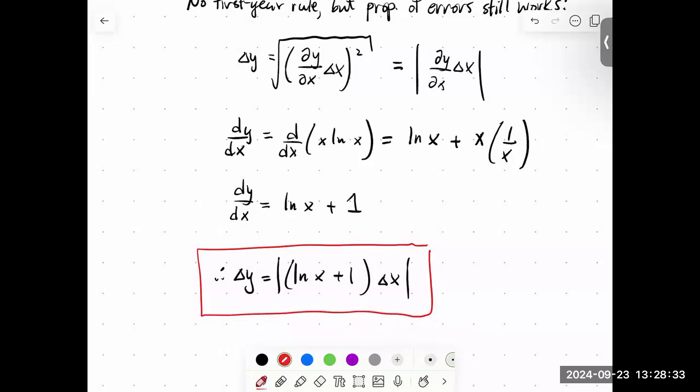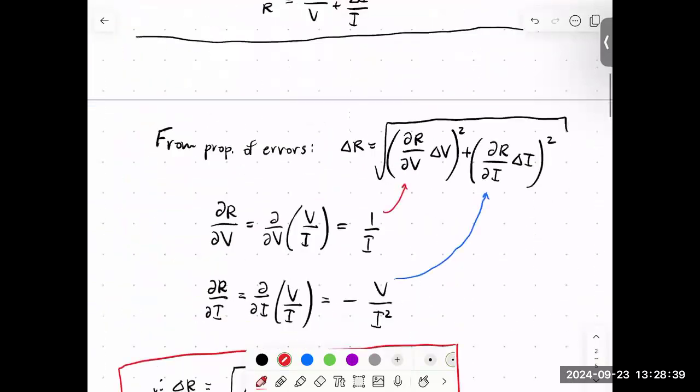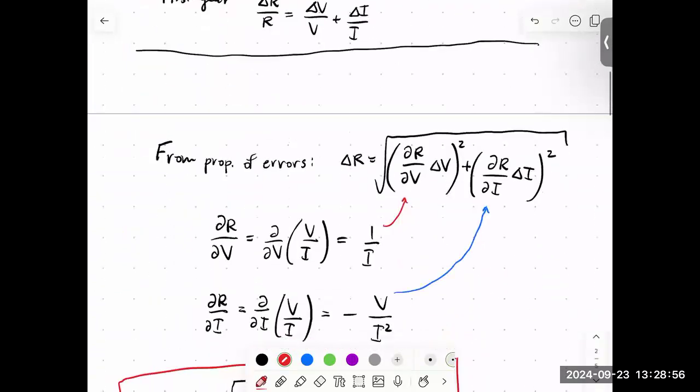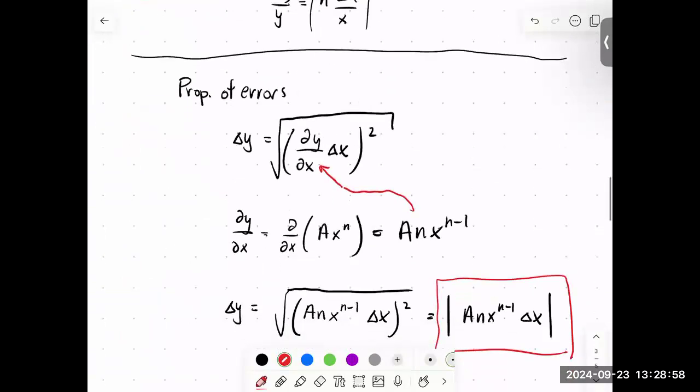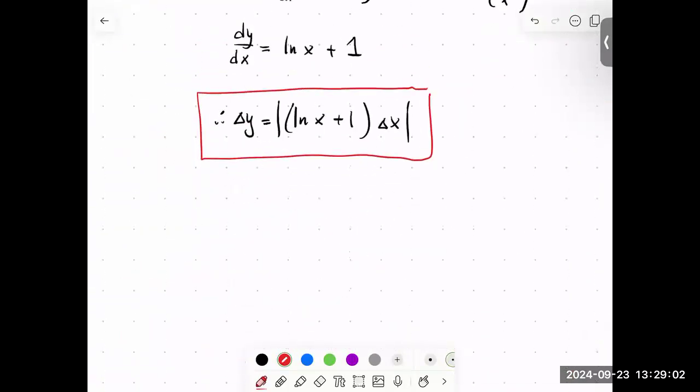So going forward, when you're in the lab taking measurements of something, and you want to calculate the uncertainty in a quantity that's derived from something you've measured, you should always be applying propagation of errors, okay? And that's what I'm going to ask the TAs to look for in your notebooks. Are there any other questions about any of this?